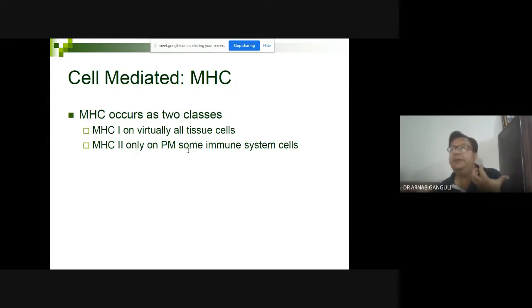But what happens here: phagocytes like macrophages engulf and take up the pathogen. Then the pathogen is broken down into little pieces, little protein polypeptides, little antigens are produced, and they are displayed on MHC2 molecules on those phagocytes.